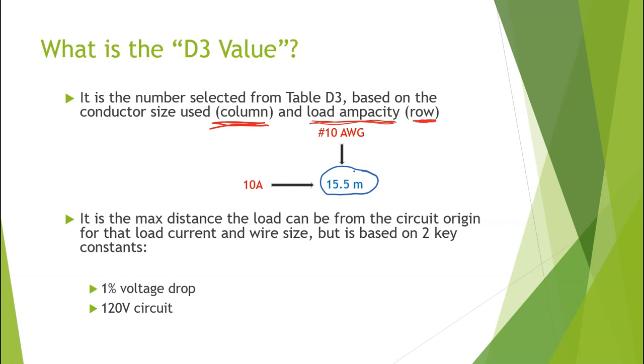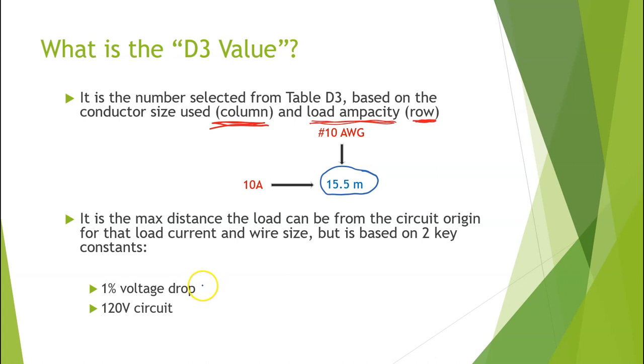Now again, I want to reiterate that this is the maximum distance that the load could be from the circuit origin for that amount of current on that wire size, but it's based on two key limitations or constraints.